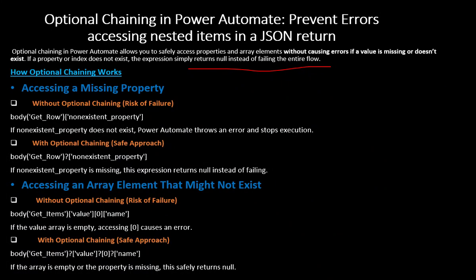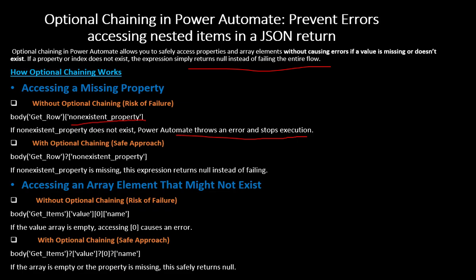See, like this without optional chaining. This is the key, and we are trying to get the key value. But if this value does not exist in the JSON, then it will throw an error. So you want to avoid that.